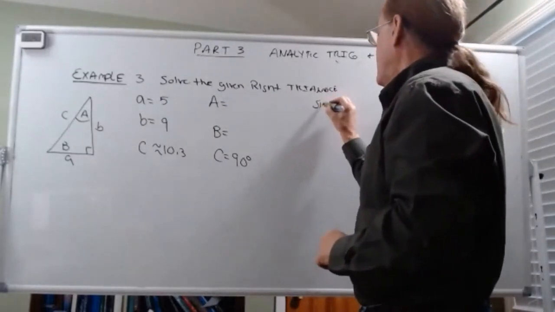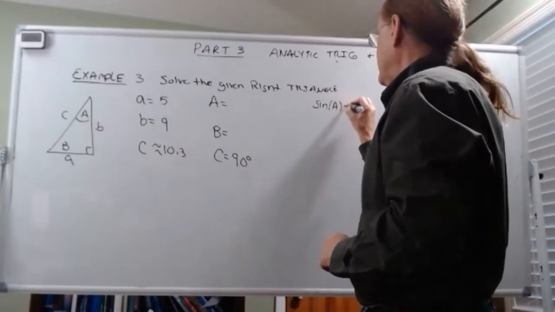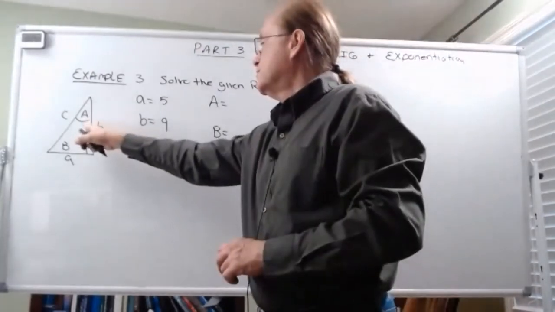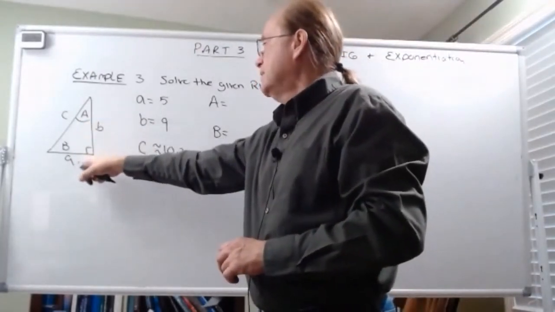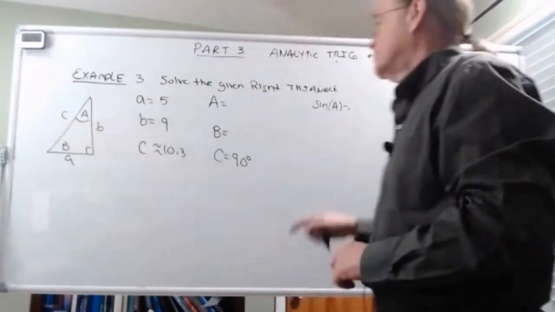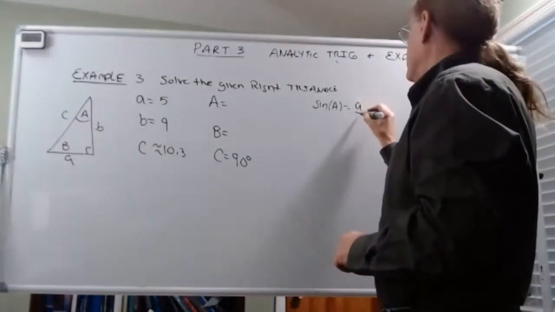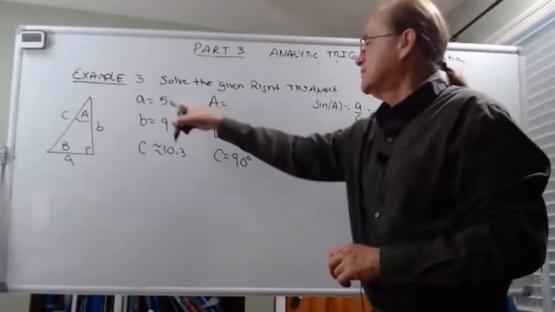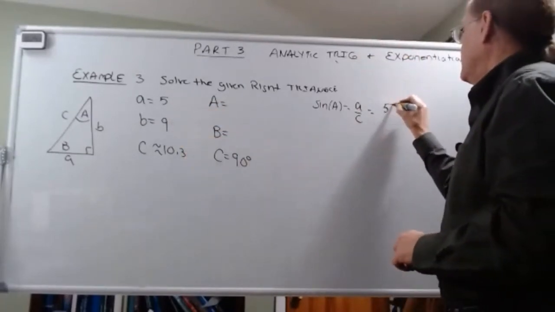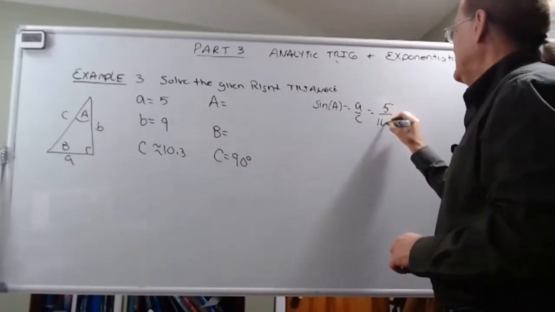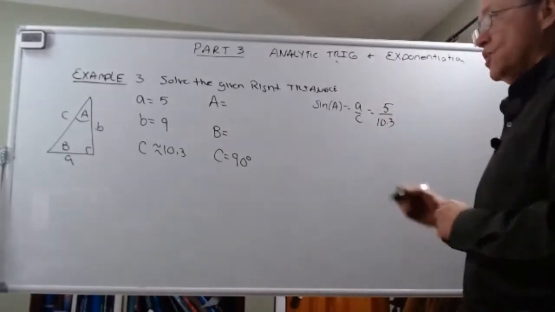So let's write down what we know about the sines and the cosines. We know that the sine of angle A, remember, is your opposite over your hypotenuse. So it's A over C. Well, A is 5, and C is approximately 10.3. So that's known information.